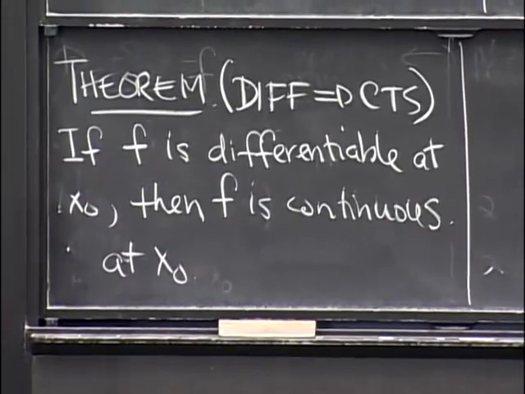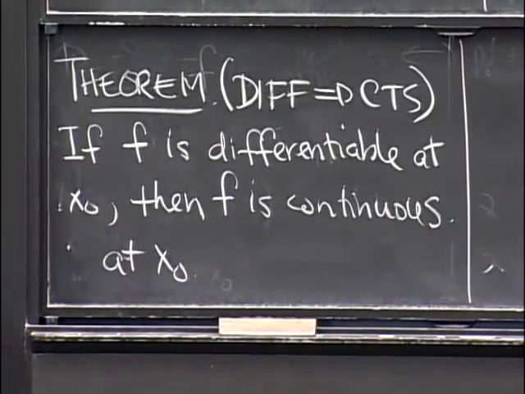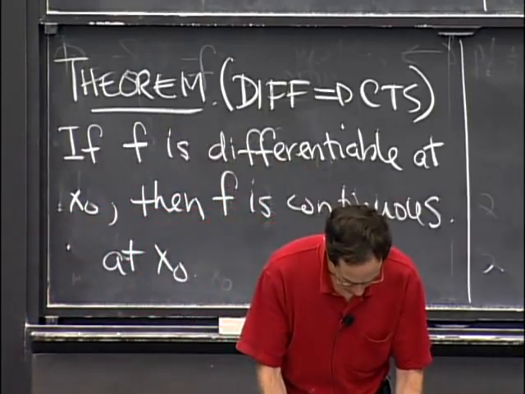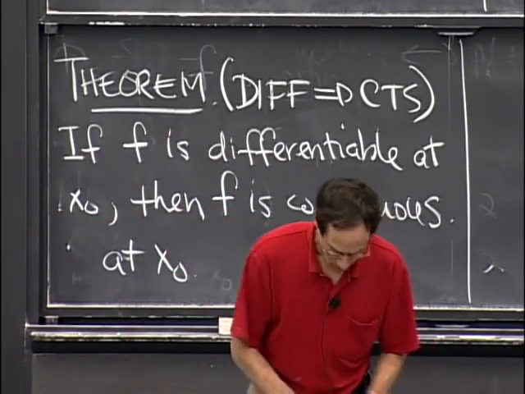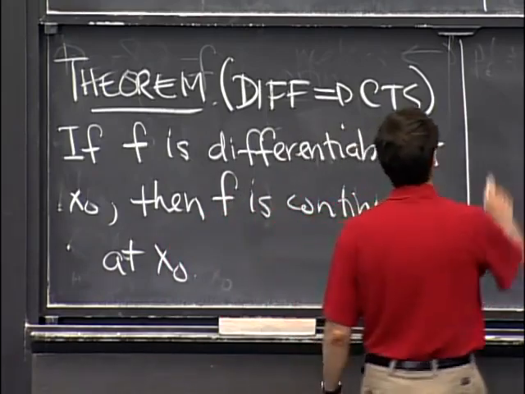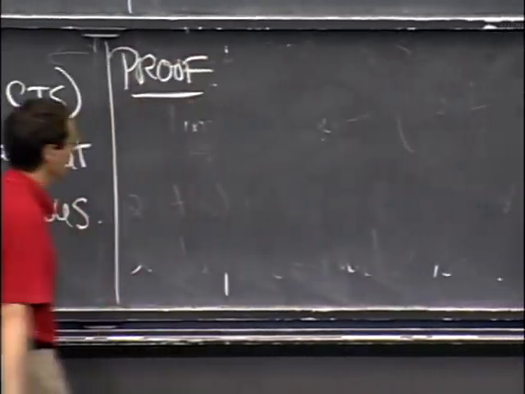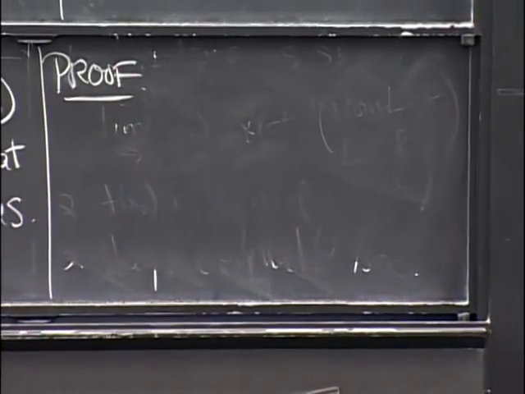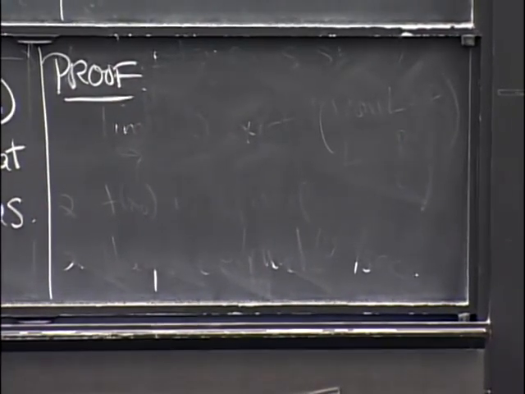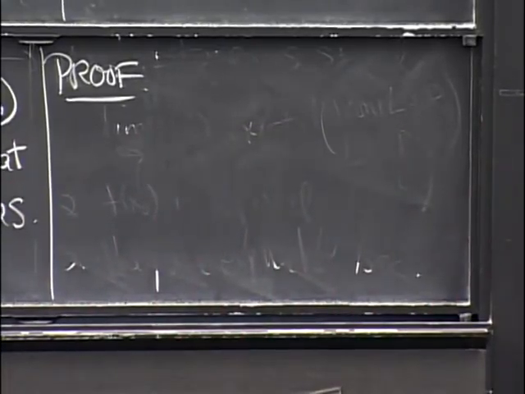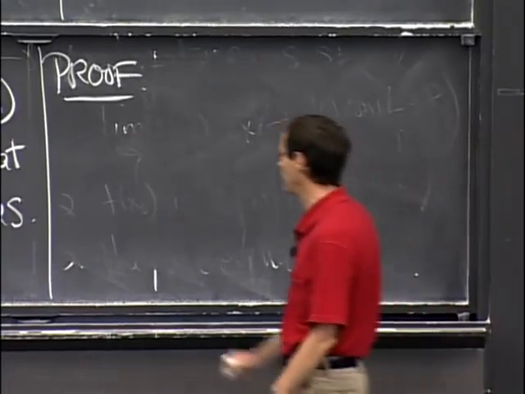So we're going to need this as a tool, a key step in the product and quotient rules. So I'd like to prove it right now for you. So here's the proof. Fortunately, the proof is just one line. So first of all, I want to write in just the right way what it is that we have to check.